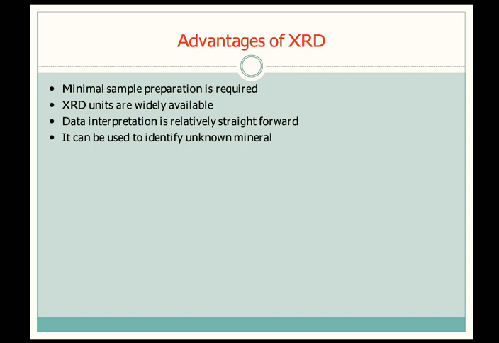Data interpretation is relatively straightforward. So the data interpretation, or the analyzing of the scattered beams, is straightforward. It is not difficult to analyze the scattered X-rays. It can be used to identify unknown material or unknown mineral present in the sample. We can easily analyze.